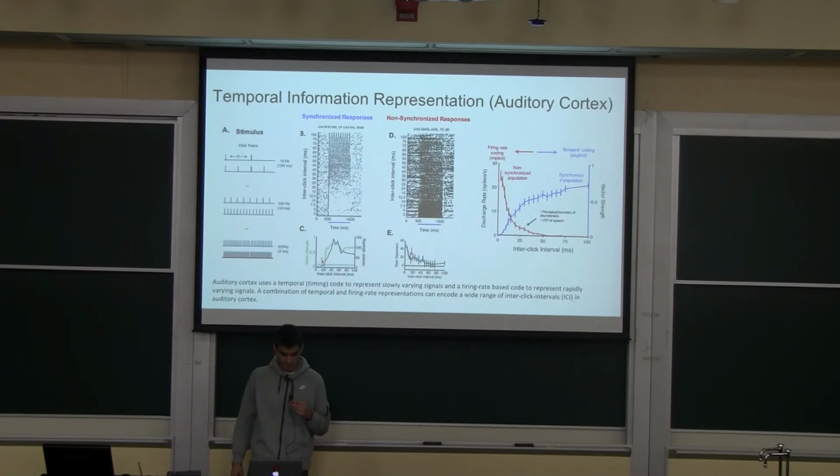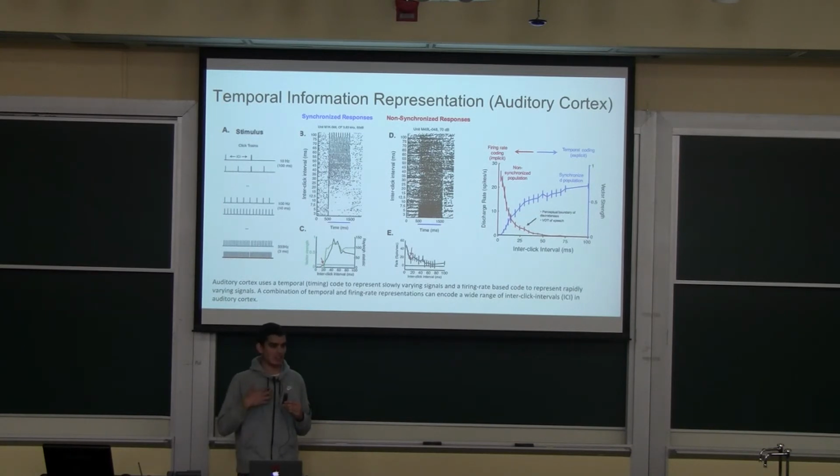But how I think about it, and you guys correct me if I'm not making sense, is that with temporal coding, you're phase locked to the wave, so you're explicitly coding the sound wave as it is. While the firing rate is implicit in the sense that you're not directly tying it back to the exact characteristics of the sound wave. That's more or less how I think about it.